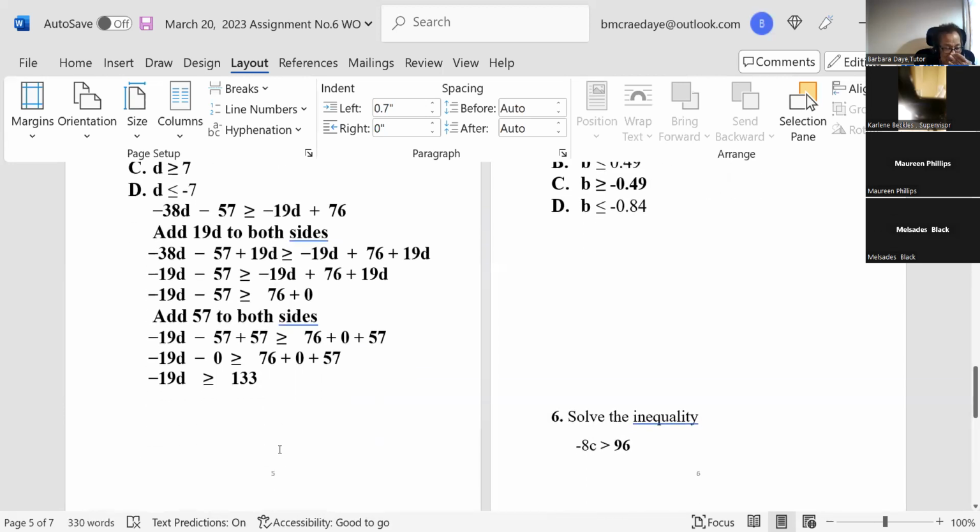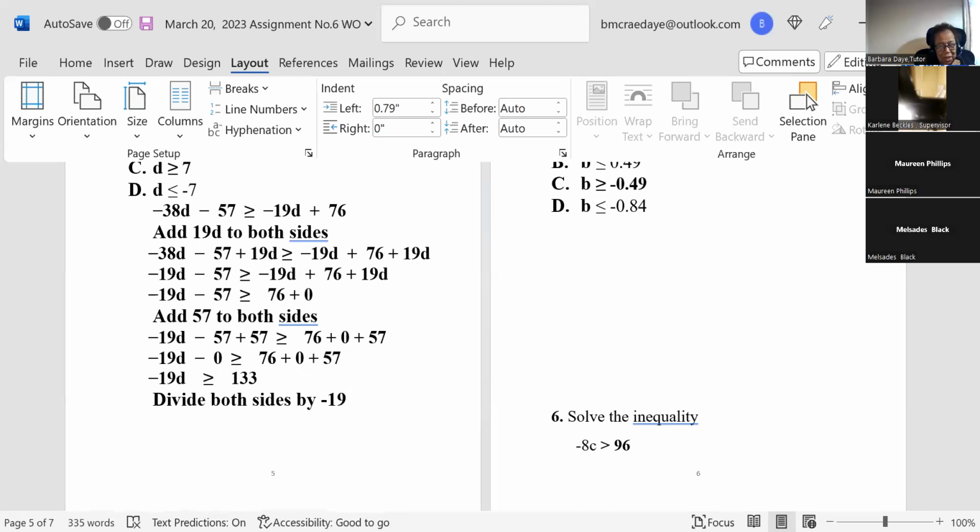We want to solve for D. So what do we do? Divide. That's right, very good, because minus 19D is a multiplication. That says minus 19 times D. So we divide both sides by minus 19, right?